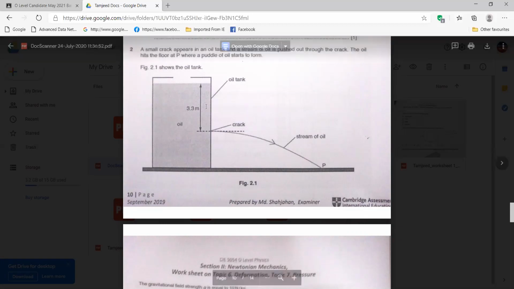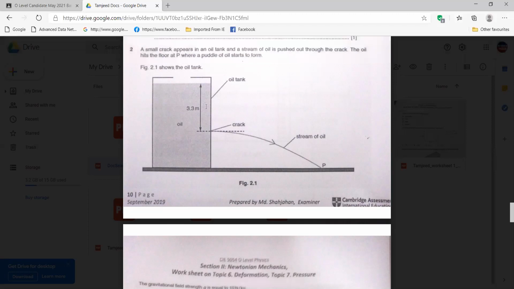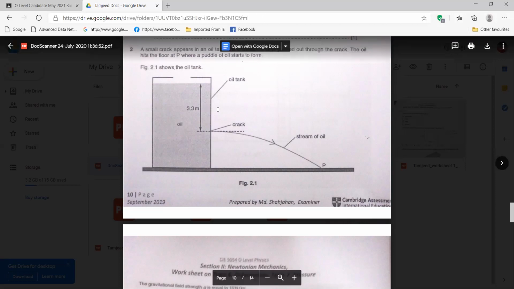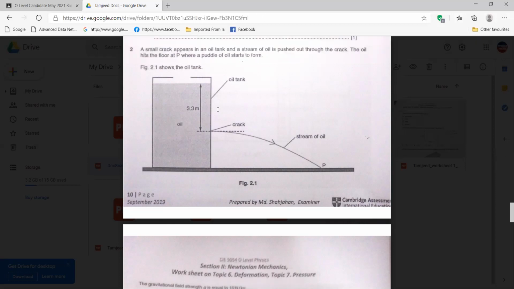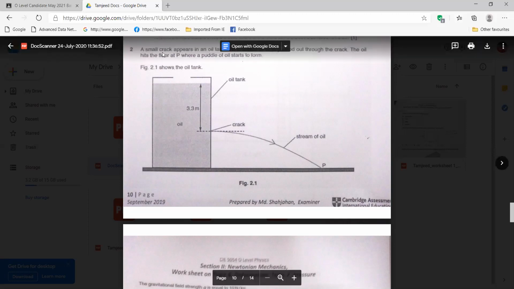So if it is closed, then what is the difference? If it is closed, the upper side is closed. You read the question again.